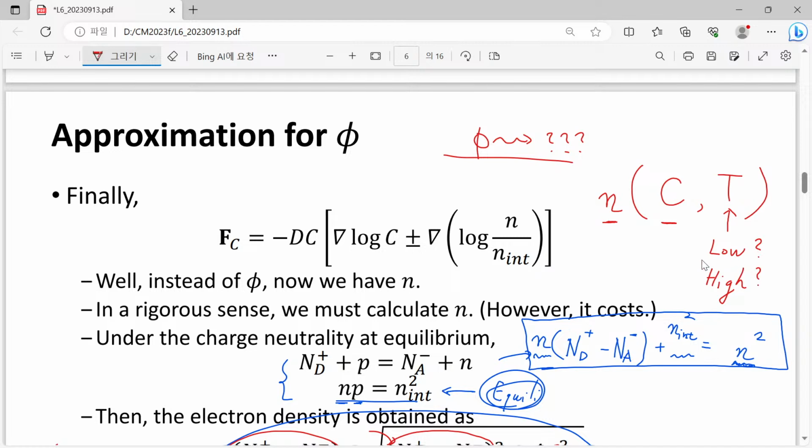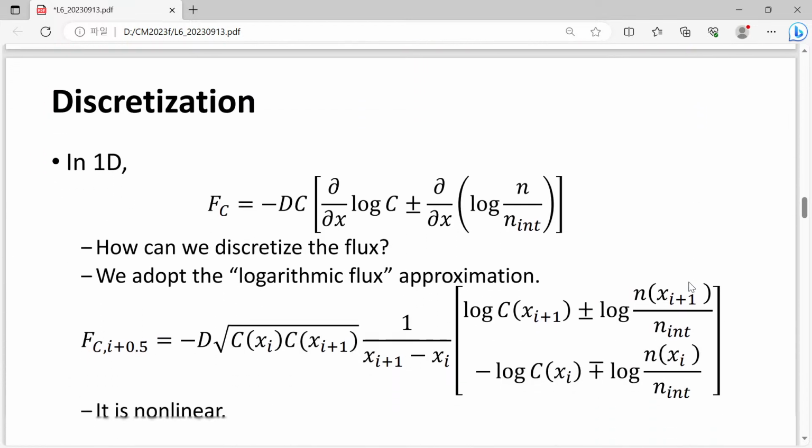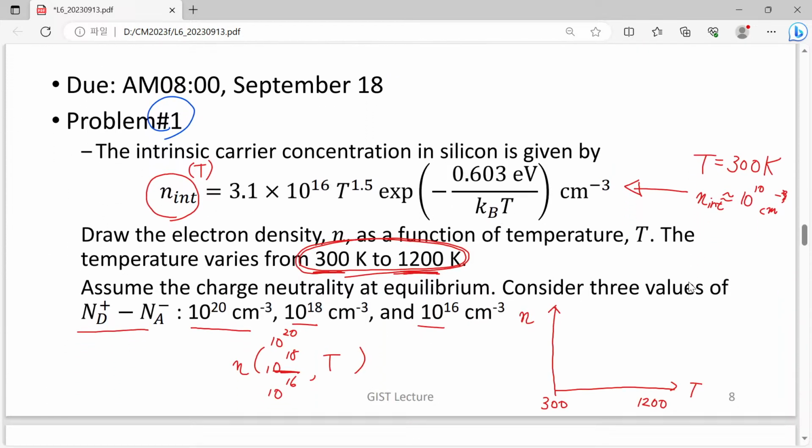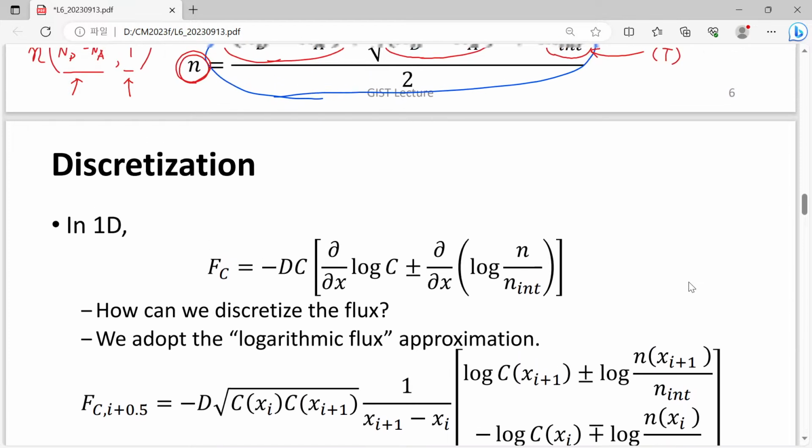The secondary term is related with the drift effect, so an electric field related effect, and is it severe at low temperature or is it severe at high temperature? That was my question, and you can now answer it by solving homework number 6. Then you will find which one is actually the important temperature range. Although that is quite simple, please do it.